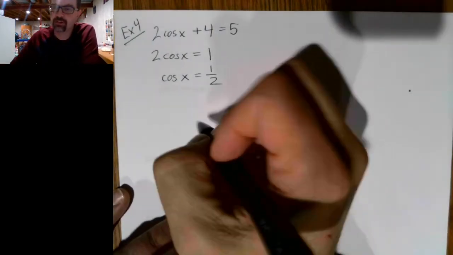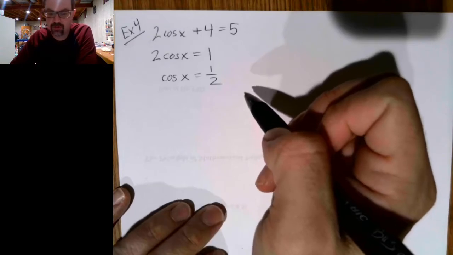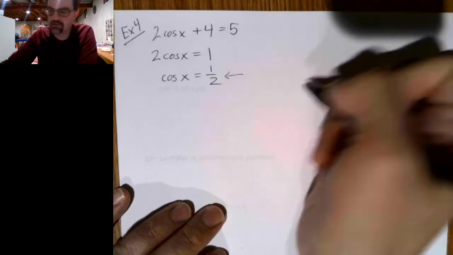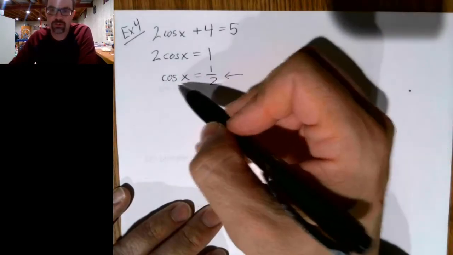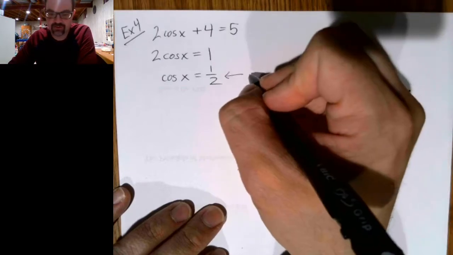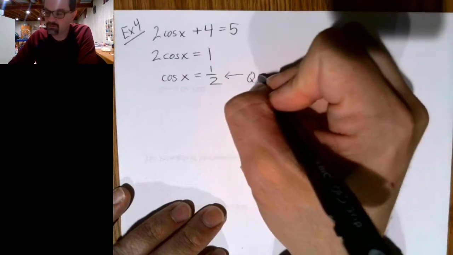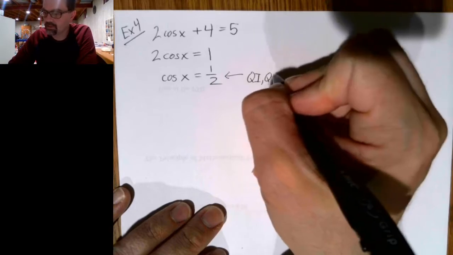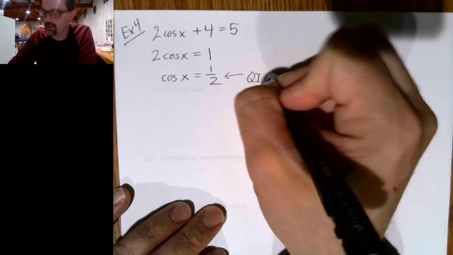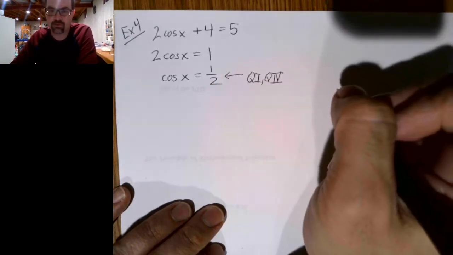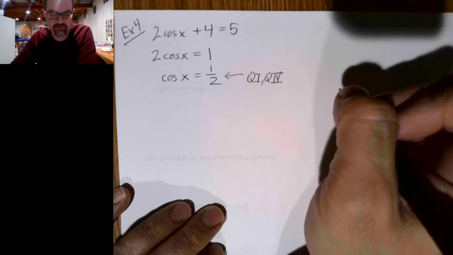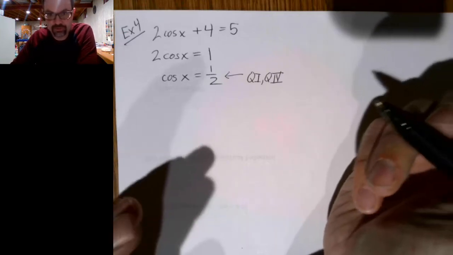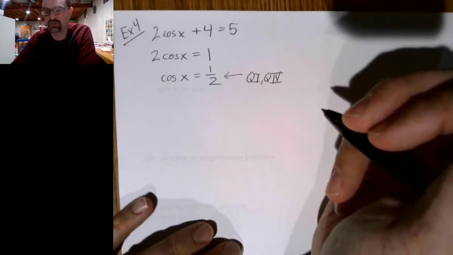Alright, so, if you remember how we did these before, what we ended up talking about is, where is cosine positive? So first off, quadrant 1, quadrant 4, yeah. So where is cosine equal to 1/2? You can remember from a unit circle, you could get out your calculator.